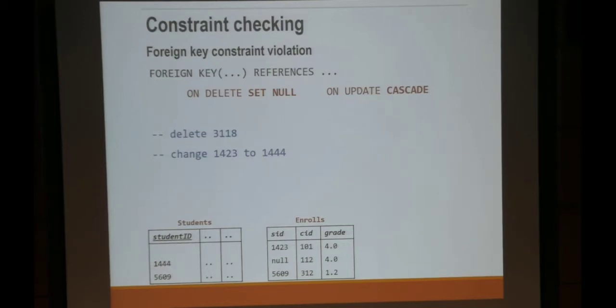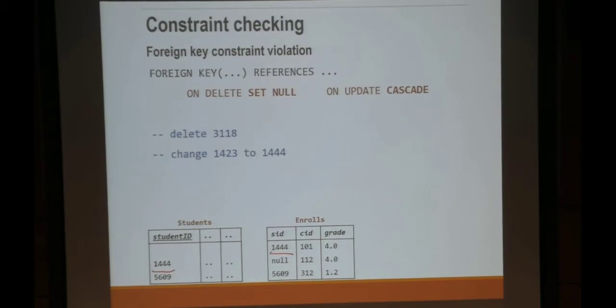So this one is updated to 1444, and then at exactly the same time, or logical time, this one is also updated. So now you have both as 1444. Okay? So it's good to think that both happen at the same time, because if it's at the same time, then no violation occurs, before or after.